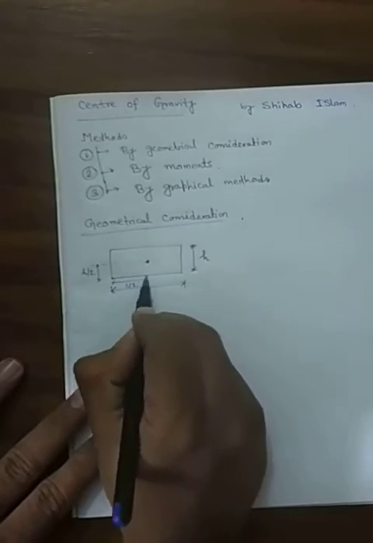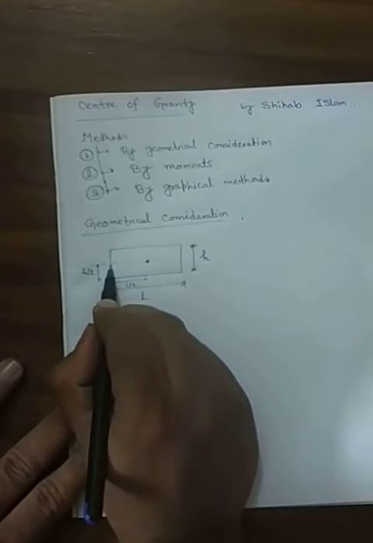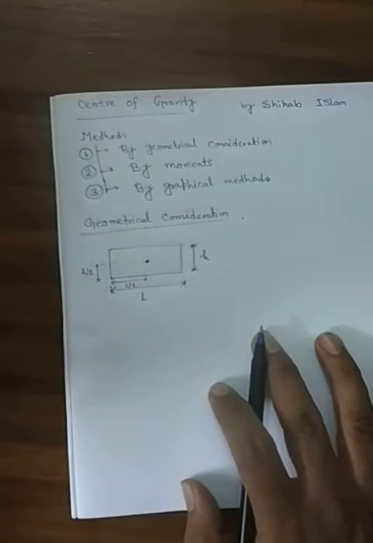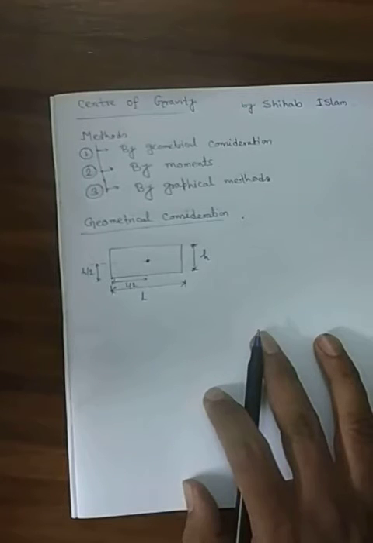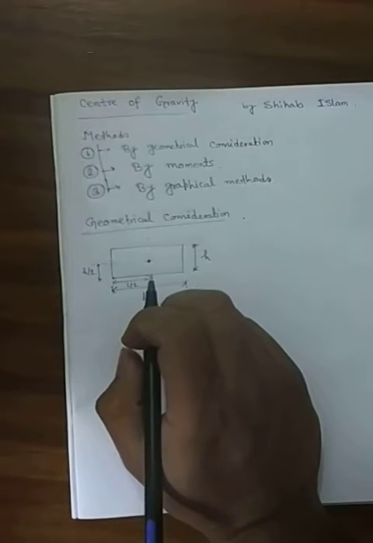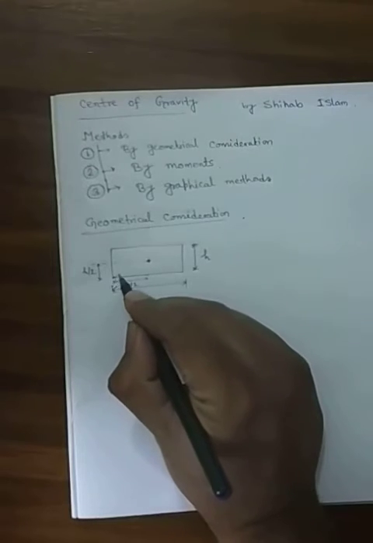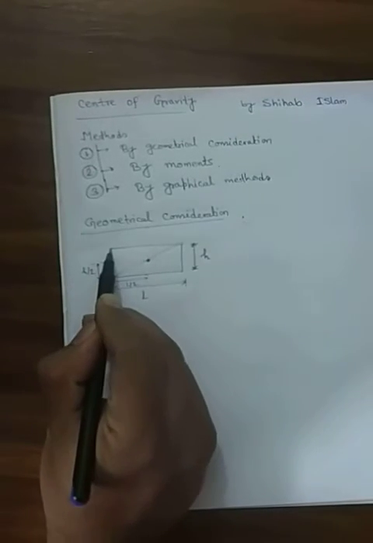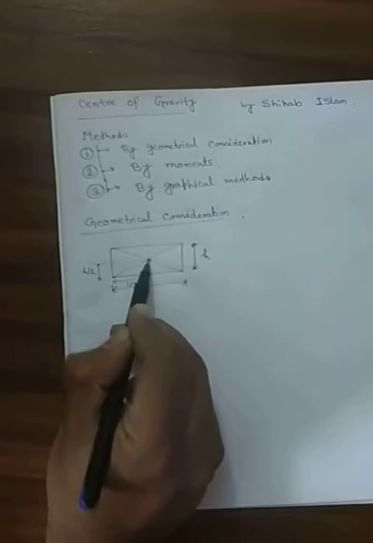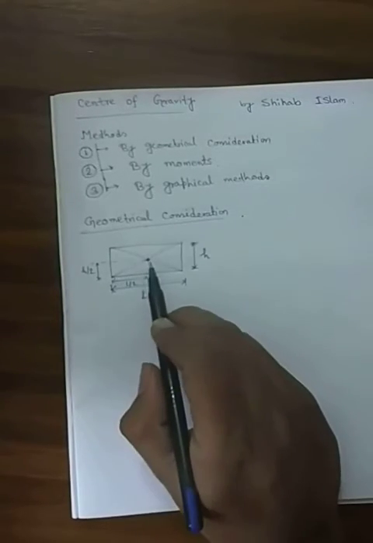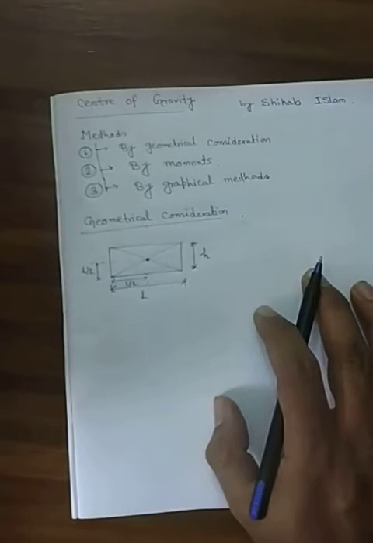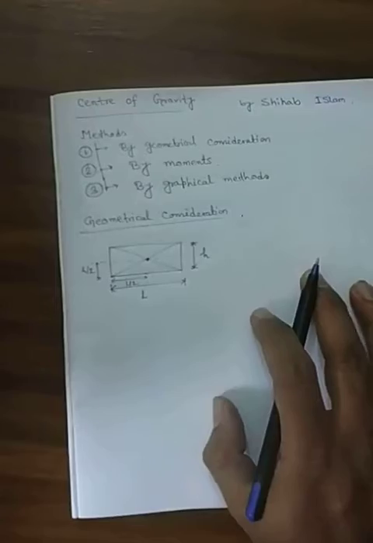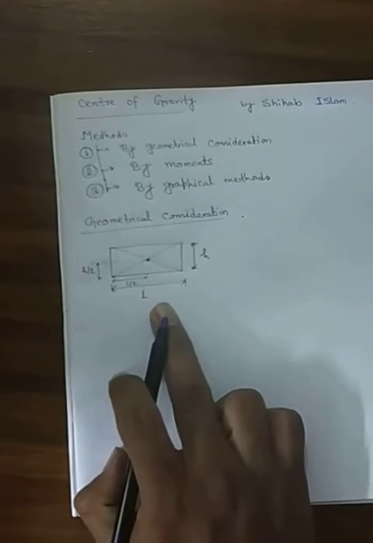From here the distance is L by 2 and from here the distance is H by 2. We can say the center of gravity of a rectangle is that point where the diagonals meet each other. Its diagonals meet at the centroid position. It is also the middle point of the length as well as the breadth of the rectangle, as I showed earlier.